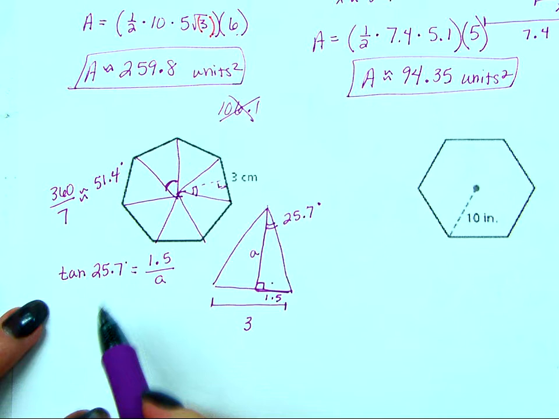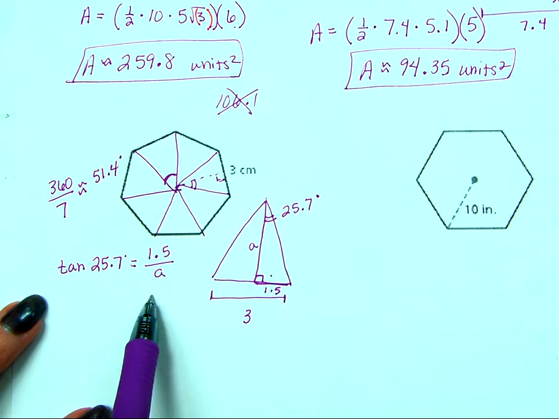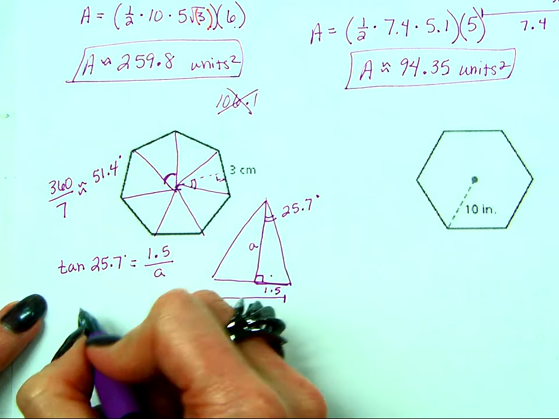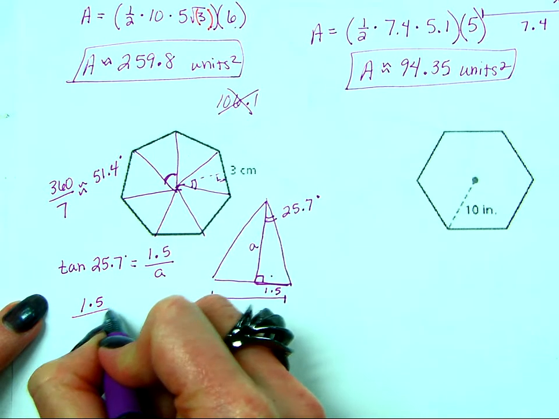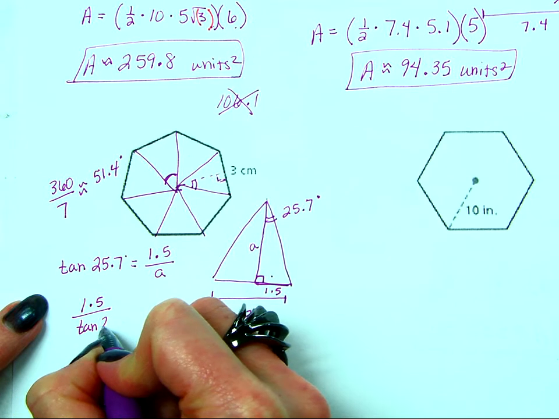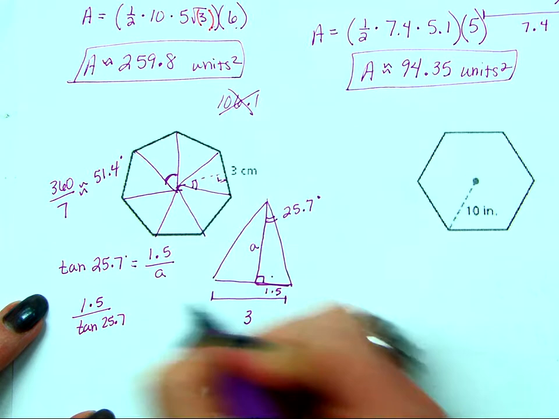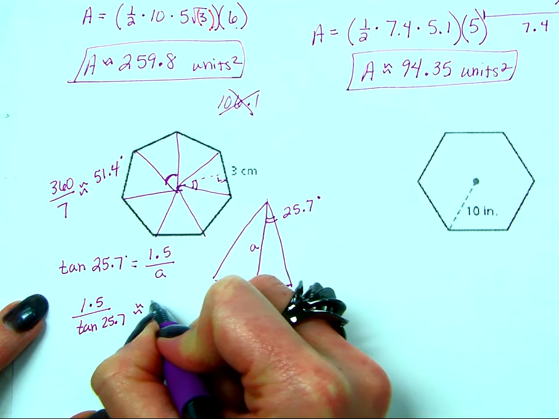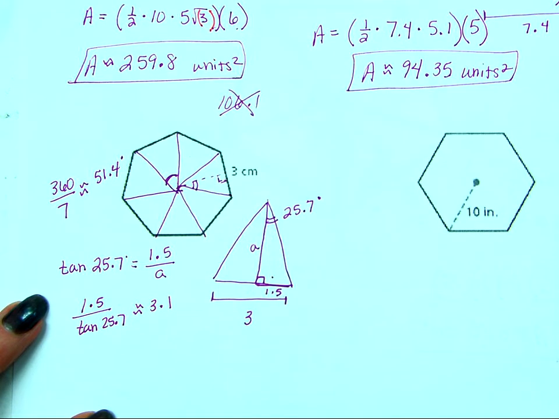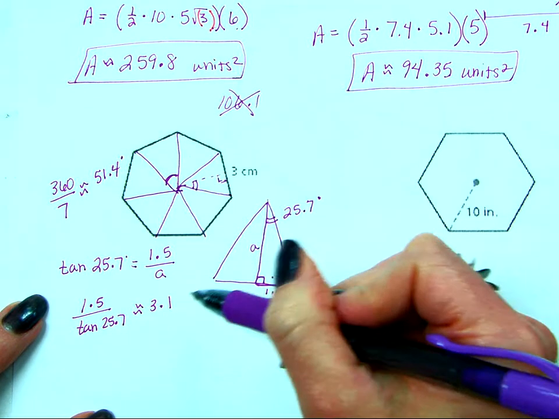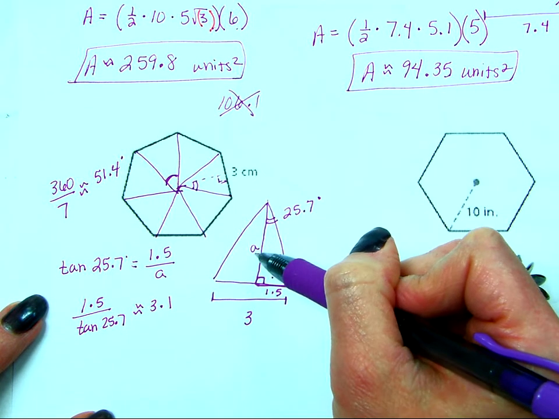Now if we were to cross multiply and solve, we'd end up taking 1.5 and dividing by the tangent of 25.7, and we would find that we get about 3.1. What does that mean? That means my apothem, or the height of my triangle, is about 3.1.